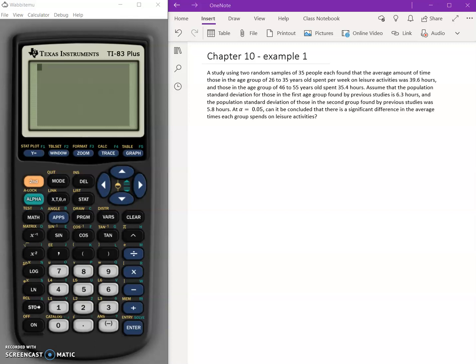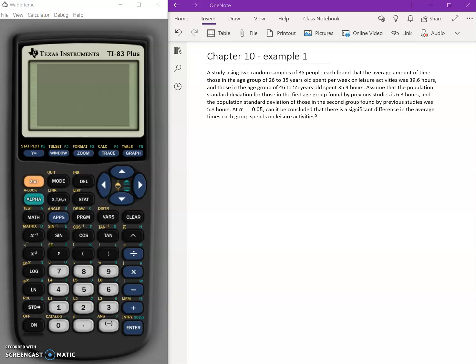Let's take a look at an example for Chapter 10. So a study uses 2 random samples of 35 people. Each found that the average amount of time those in the age group of 26 to 35 years old spent per week on leisure activities was 39.6 hours, and those in the age group of 46 to 55 years old spent 35.4 hours.